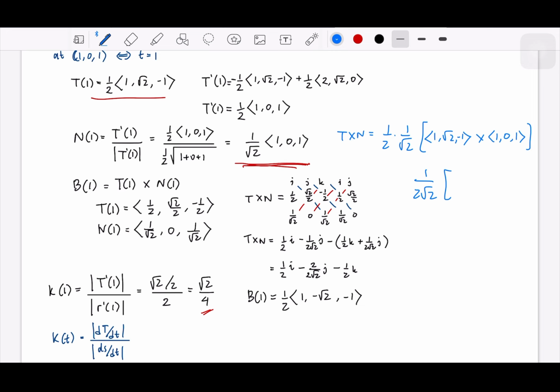The same result should be, or this is square root of 2, negative square root of 2.